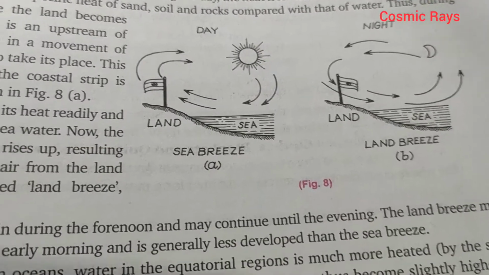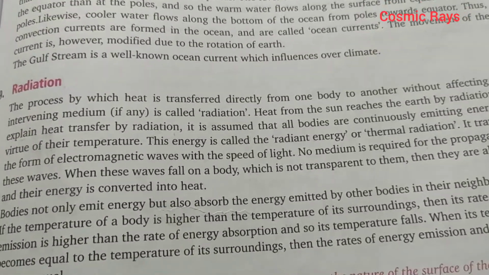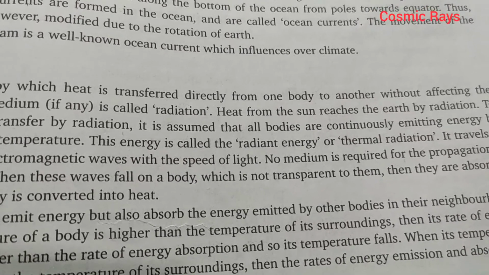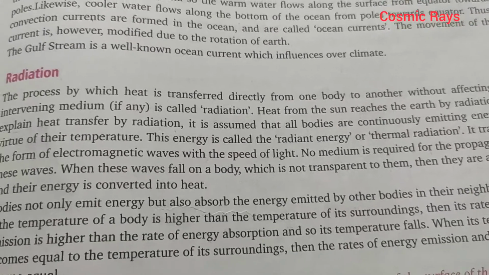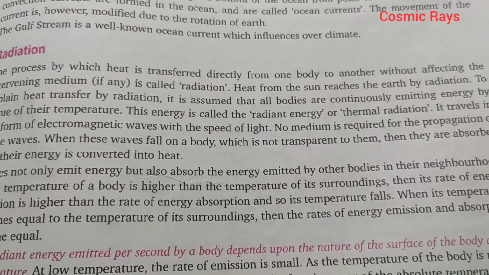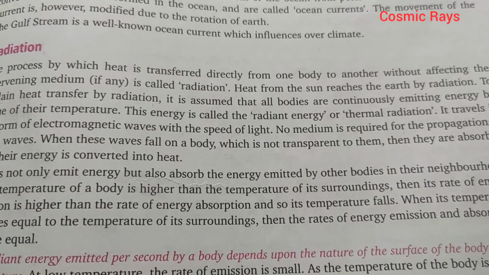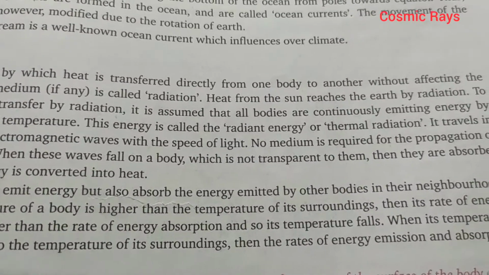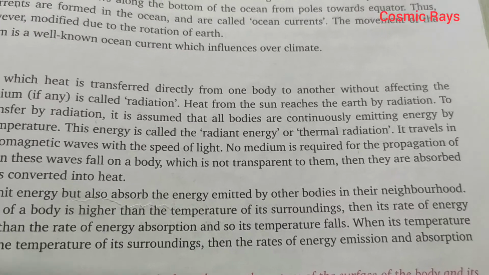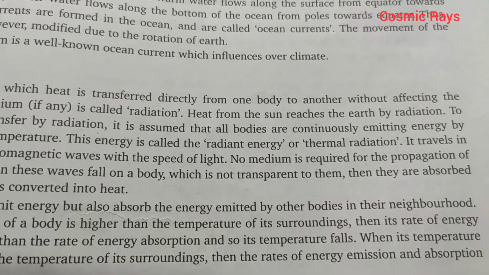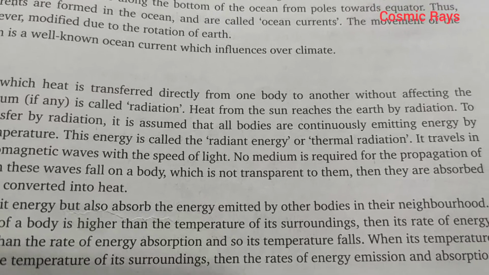Now when we talk about radiation, it is a process where the heat is transferred from one body to another without affecting the medium which is present in between them. And we had said that heat from the sun reaches us on the earth by radiation. We have to understand that a body not only emits energy, but it will also absorb energy.